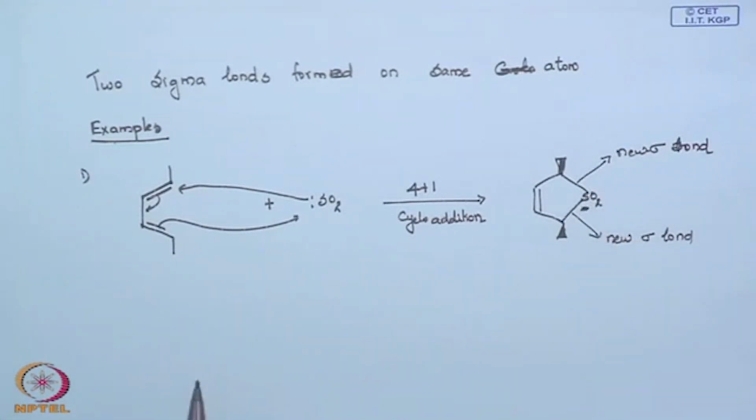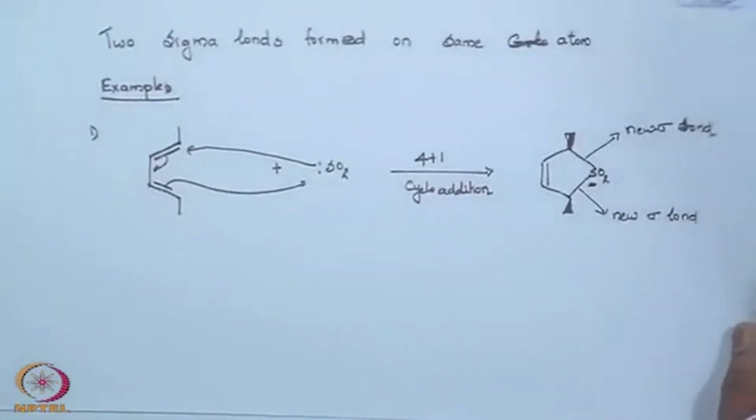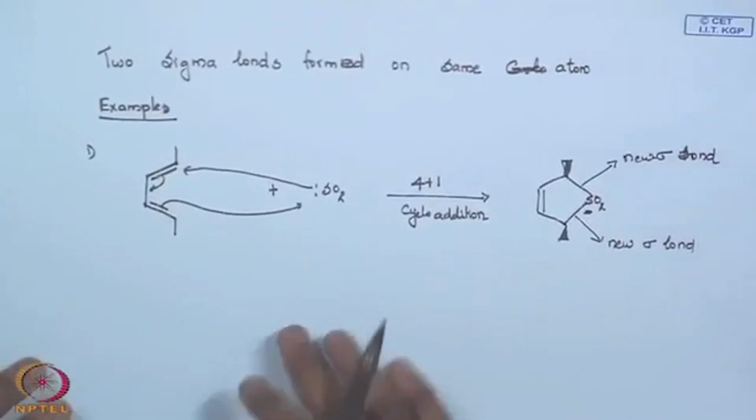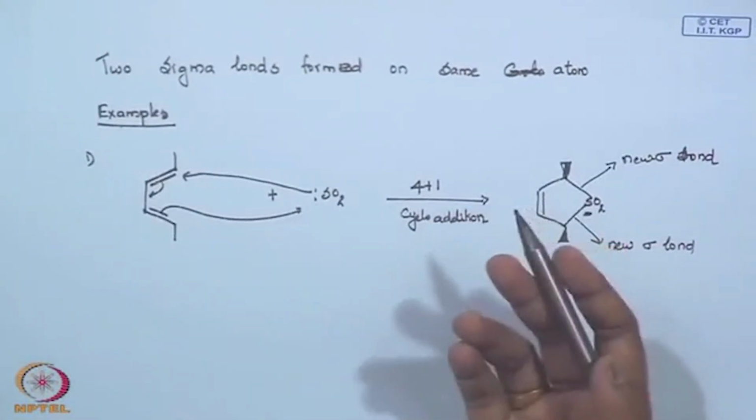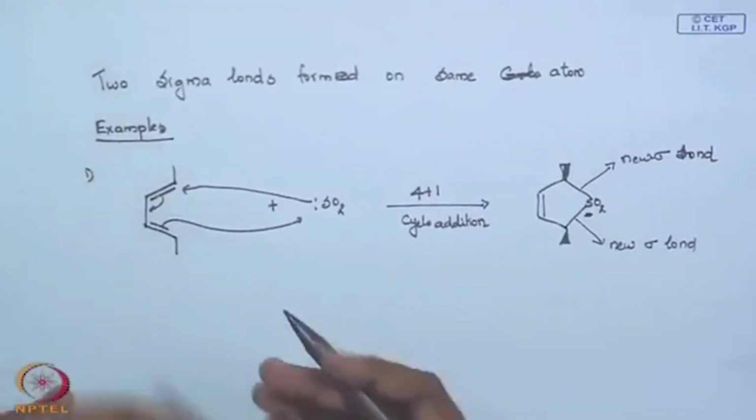Then you call these reactions cheletropic reactions. Any doubt with the definition? Okay. Then we will take some other examples. It is not that it should be only on a carbon atom. You see, we have taken sulfur. So we can see several other examples where you can use carbon atoms. Okay, so we will see the next example.